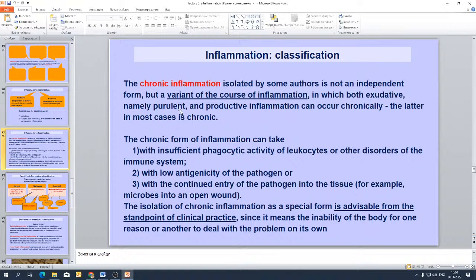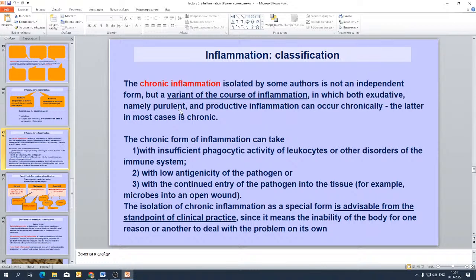After a surgical operation, for example, and problems with surgical material, there may be bigger inflammation, the wound is open, and microbes from the external environment go into the wound. The isolation of chronic inflammation as a special form is advisable from the standpoint of clinical practice, since it means the inability of the body, for one reason or another, to deal with the problem on its own.